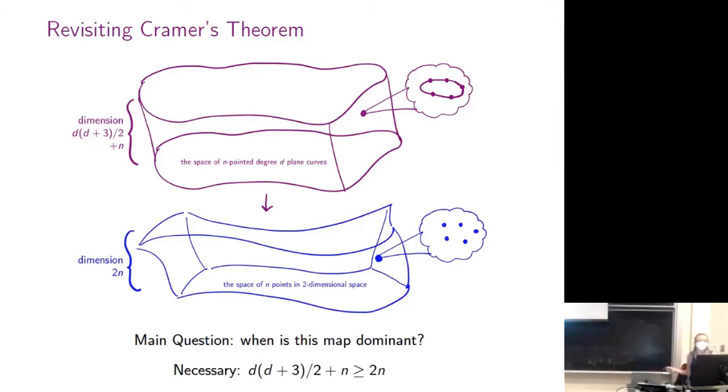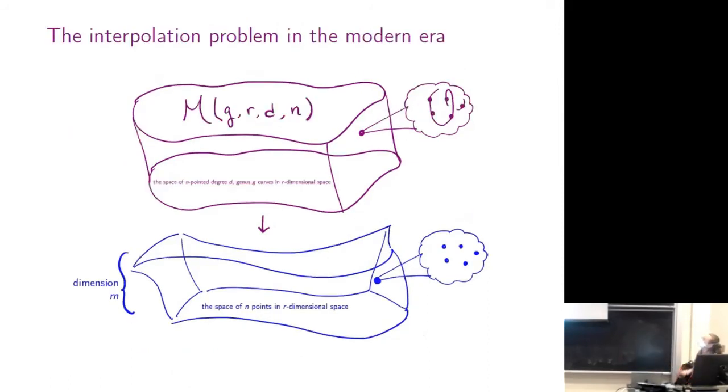Okay, this seems great, right? So now we can just move on, right? Let's work in an r-dimensional space. Let's think of all the configurations of n points in an r-dimensional space. That now has dimension r times n, right? Because each one now has an r-dimensional space to move in. And I want to know when a general point here is in the image of a map from some parameter space that gives me genus g curves in r-dimensional space of degree d with n marked points on them, right?